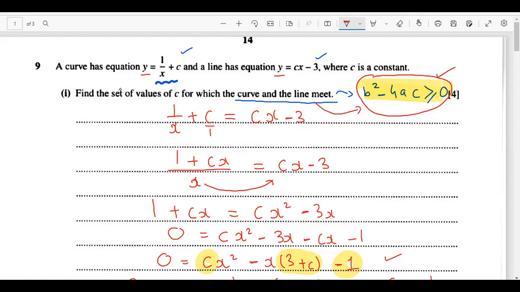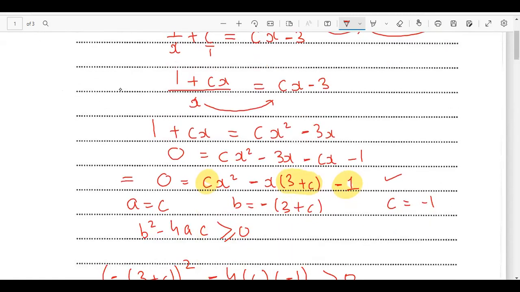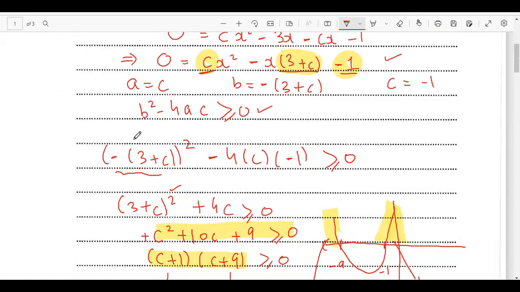This is what we would use. Now I had to make my quadratic equation first, so I equated the curve and the line. I simplified, and this is what I got. Then I had to extract a, b, and c. This was the conditional inequality. I plugged in b, then a, and then c, and simplified it.